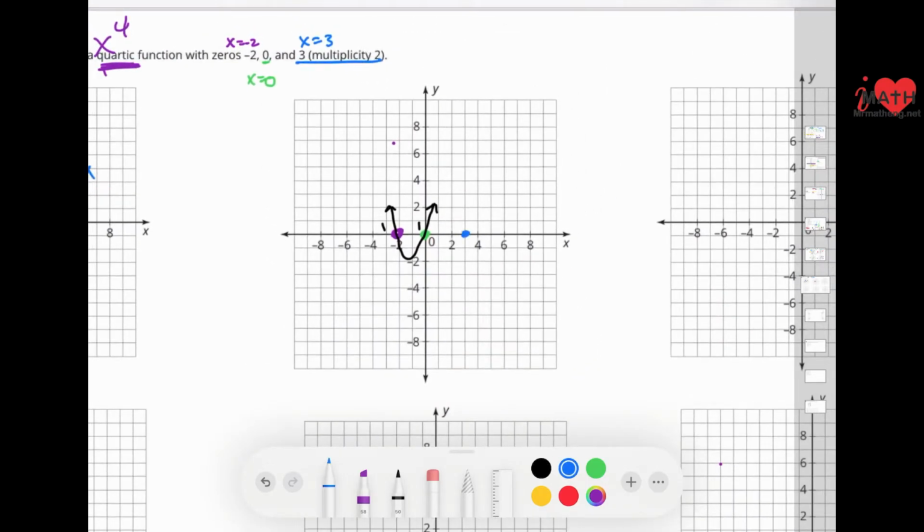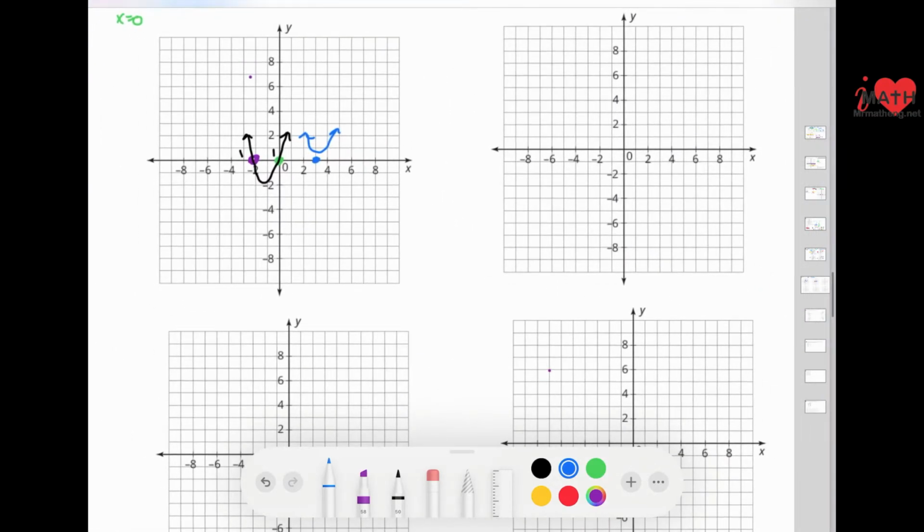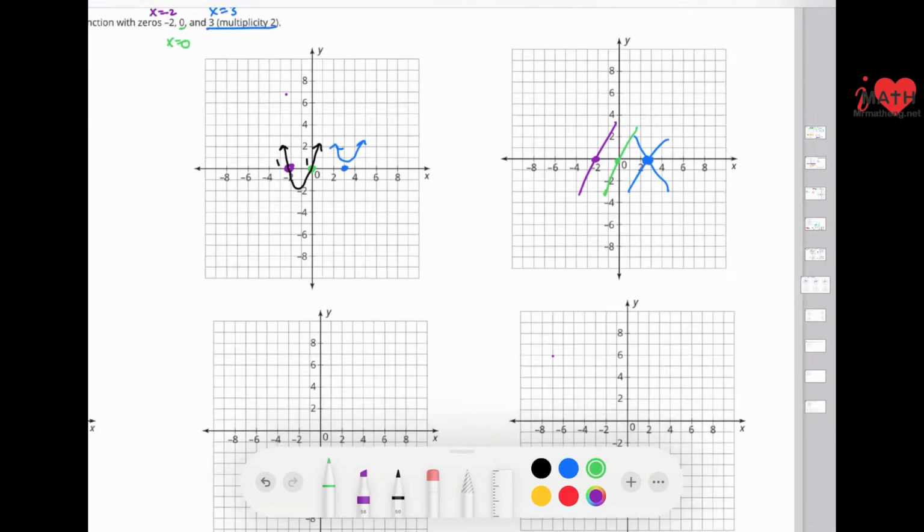You can do the same thing, right? You can do a parabola. Or if you did it over here, same thing. You can have done two linears that go through the same point. And then at purple at x equals -2 and at 0. Does that make sense? That would also be a fourth degree polynomial.